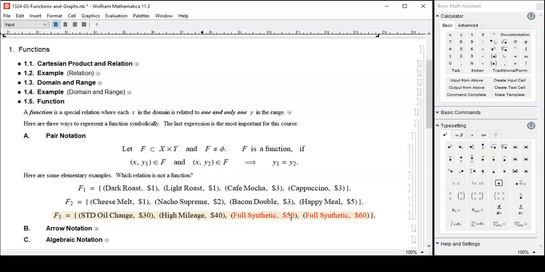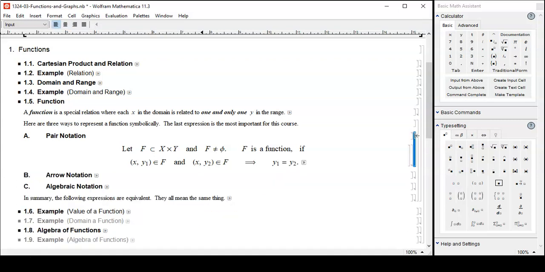With coupon $50, without coupon $60. If so, then full synthetic with coupon and full synthetic without coupon should have been specified so that we have two different x-coordinate values. But same x values assigned to two different y values, this is not a function.